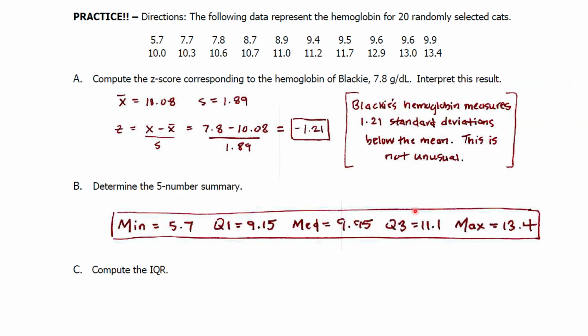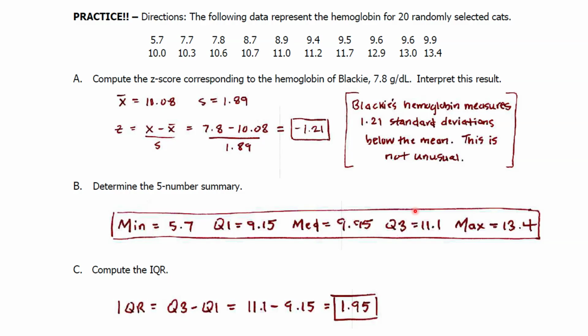That will allow me to do part C, which is to compute the IQR. I compute the IQR by taking Q3 and subtracting Q1. So 11.1 minus 9.15 gives me an IQR of 1.95.